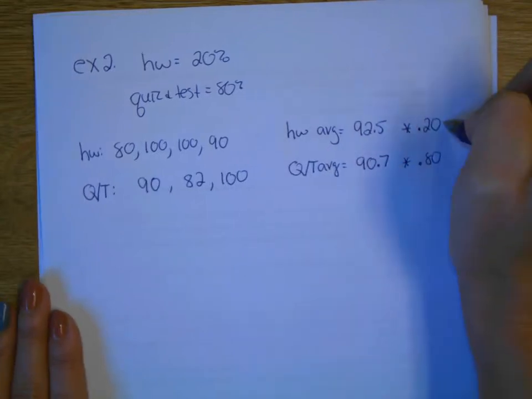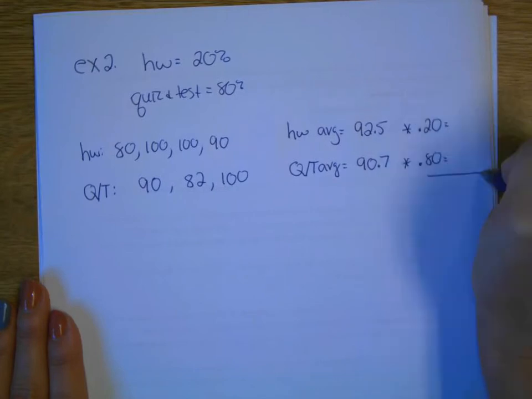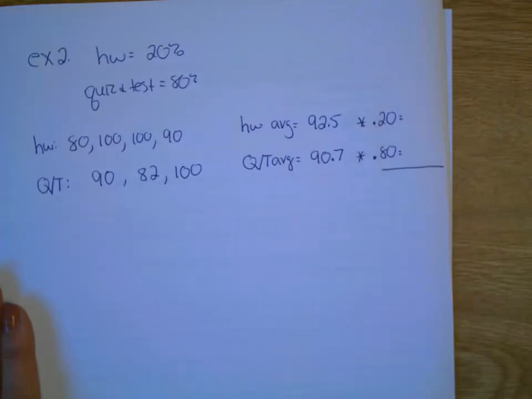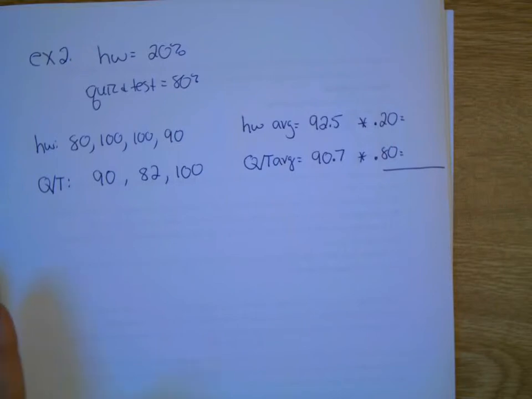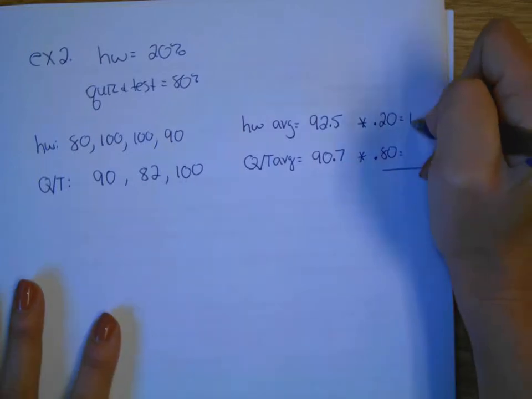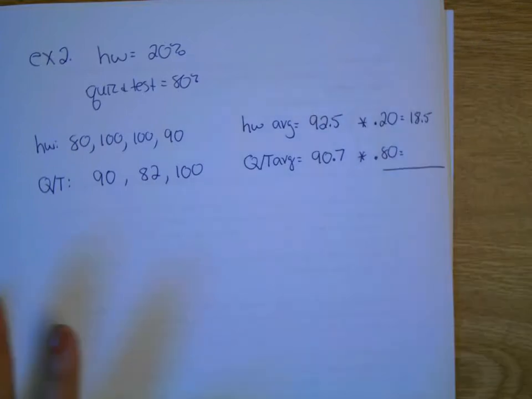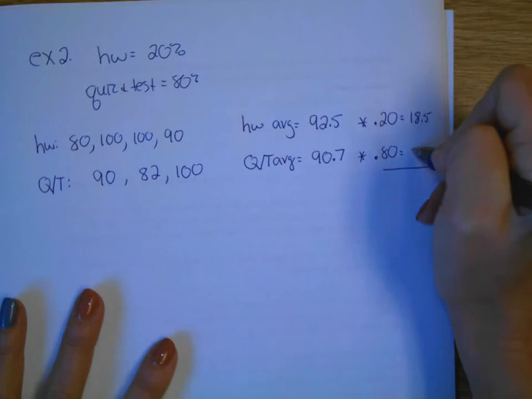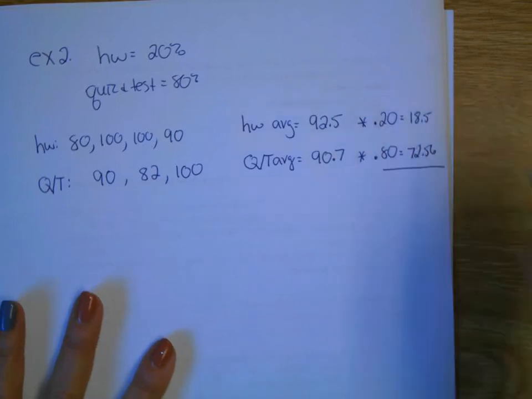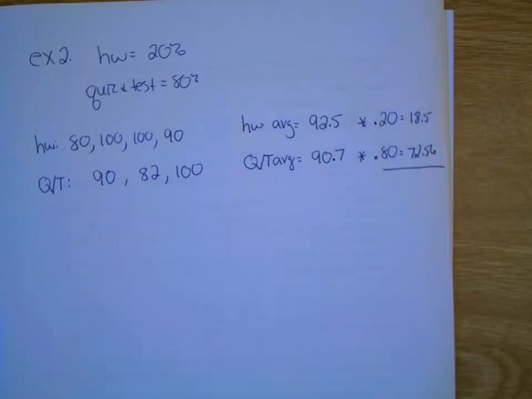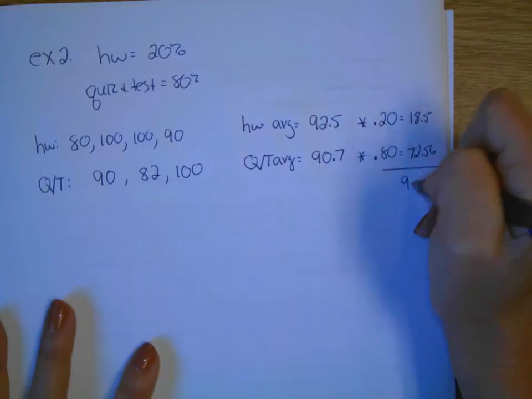And then we're going to add those two results together. 90.7 times 0.8. Add those together. She's got a 91.06.